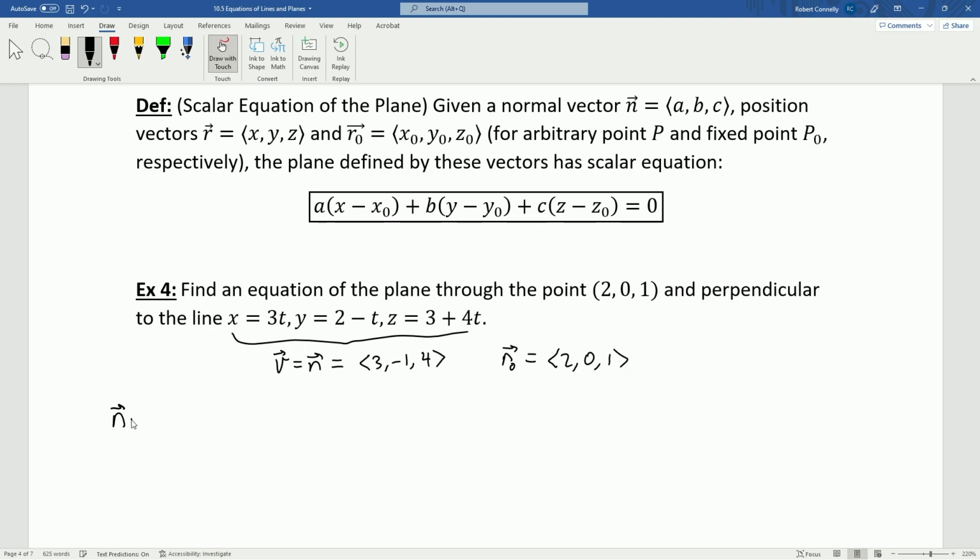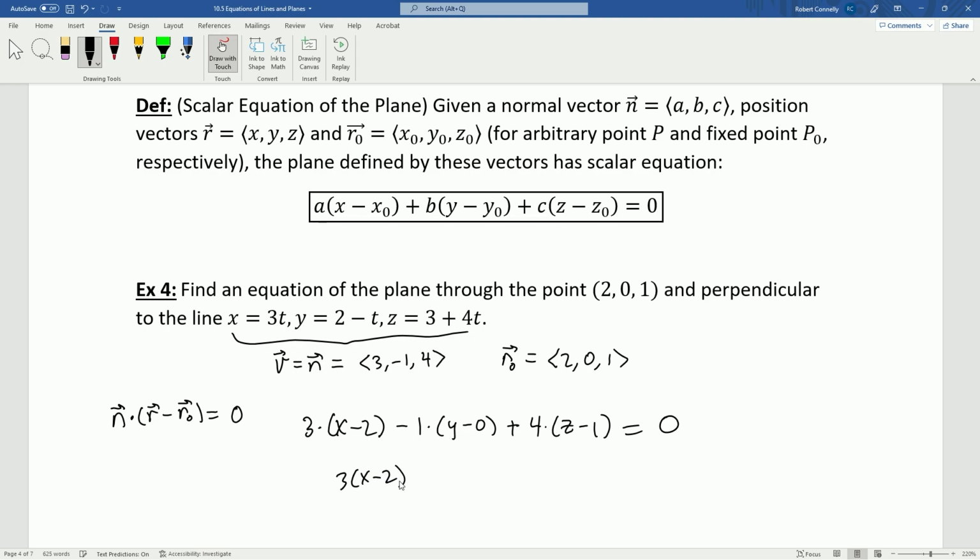What we want is n dotted with r minus r naught to be equal to 0. So that just means 3 times x minus 2 plus, in this case actually it's minus 1 for the second coordinate of our normal vector, times y minus 0 plus 4 times z minus 1, all equals 0.